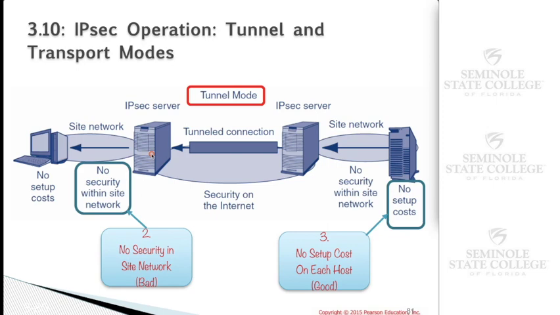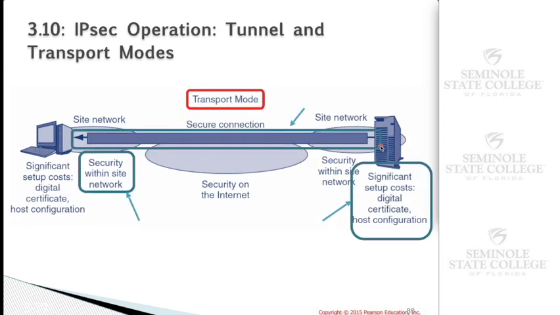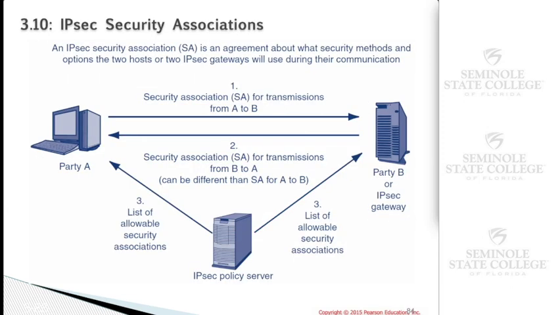But if I were to use the transport mode, there is no such device, so firewalls are no good here. It is end-to-end encrypted, so it can pass through the firewall. Even if I were to look at the data packet, the data inside the packet is still encrypted. There's no way I can get to it. So that is the big difference here.